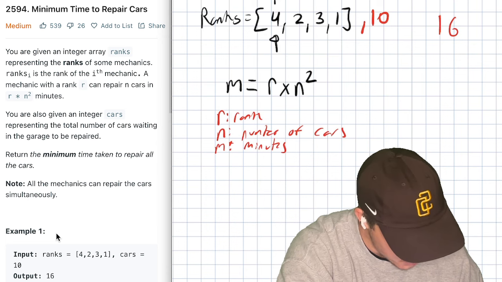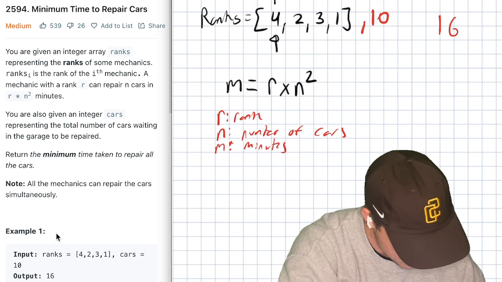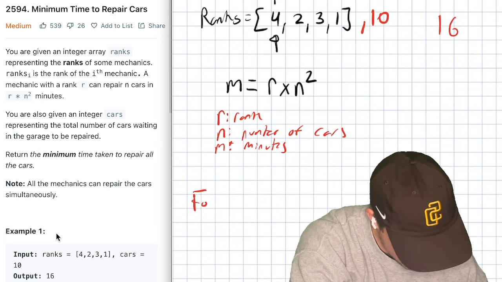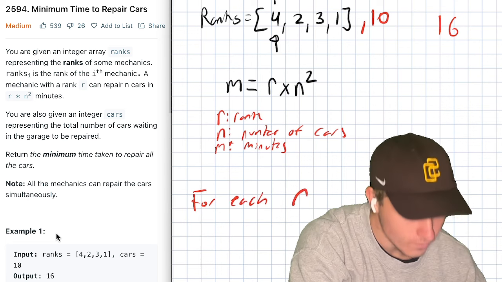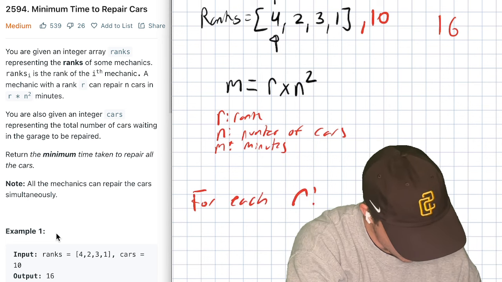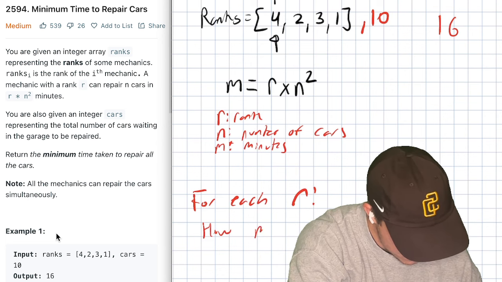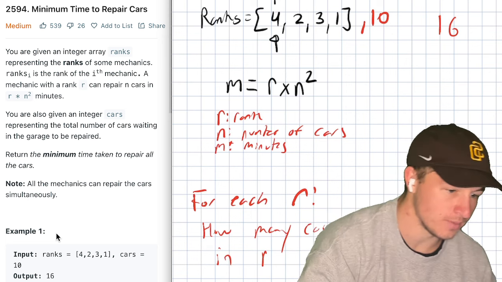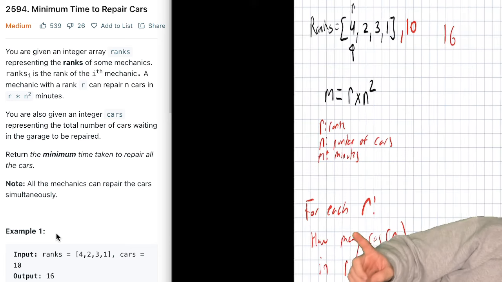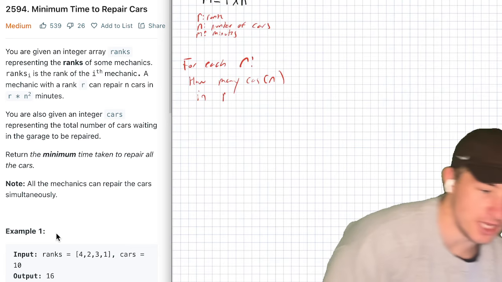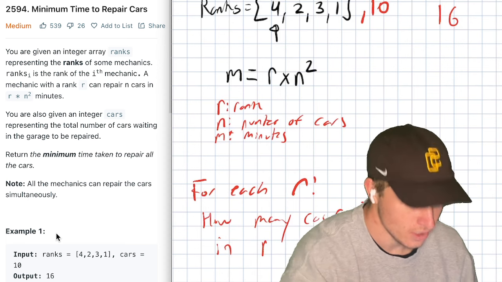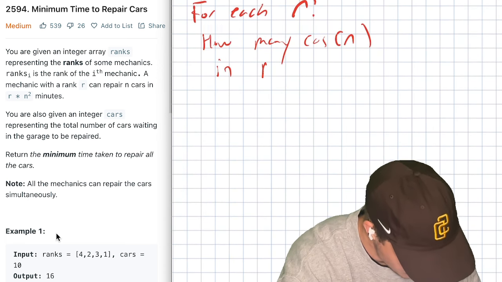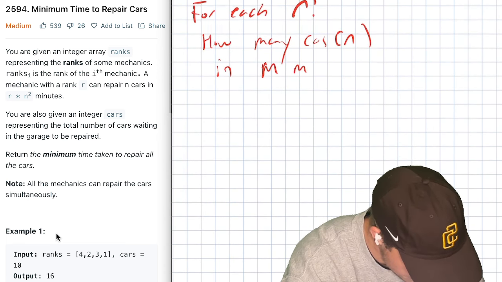So really what we need to do is figure out, for each person, for each rank r, how many cars n could be done in m minutes?